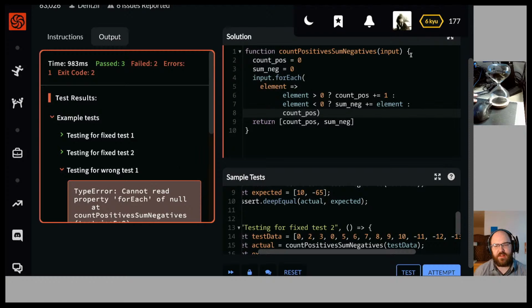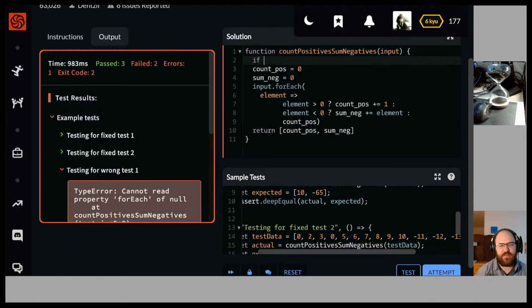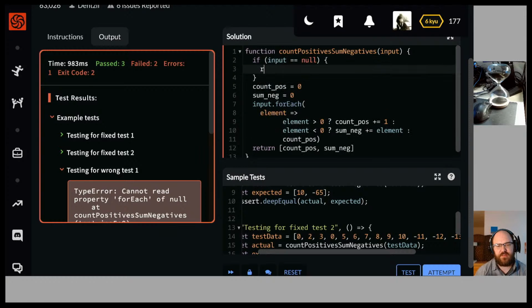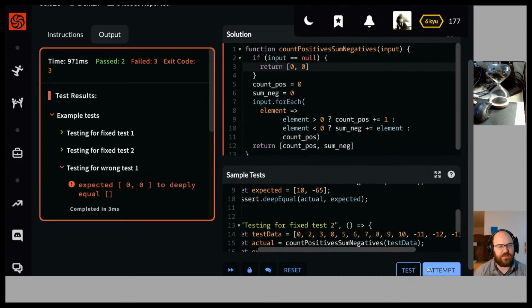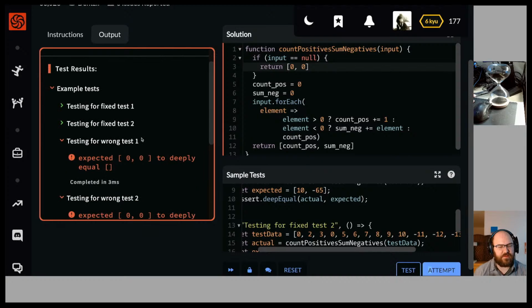Okay, if input double equal null, because we learned that recently. Return 0, 0. Test again. Attempt again. Oh.